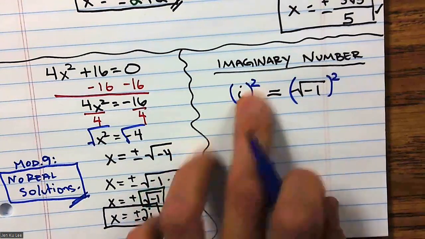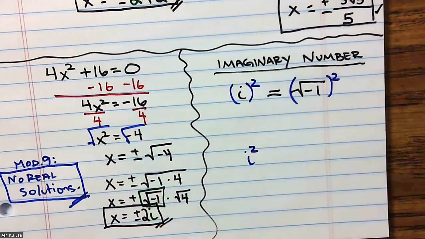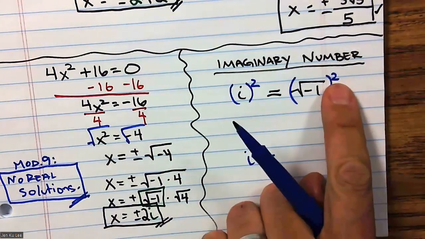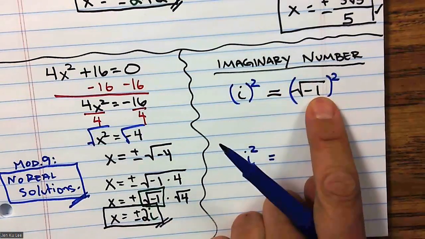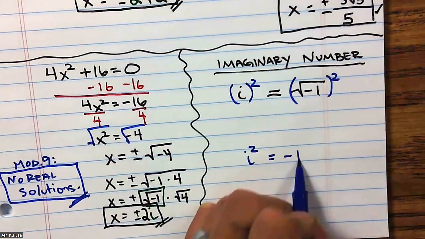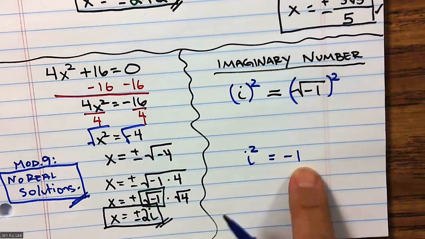Left-hand side is equal to i squared. I'm going to put it down here. Equals, well, if the squared and the square root, they cancel out, what are you left with? -1. Okay? So i squared equals -1.